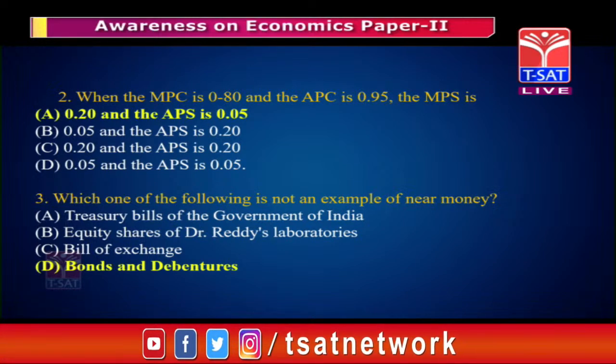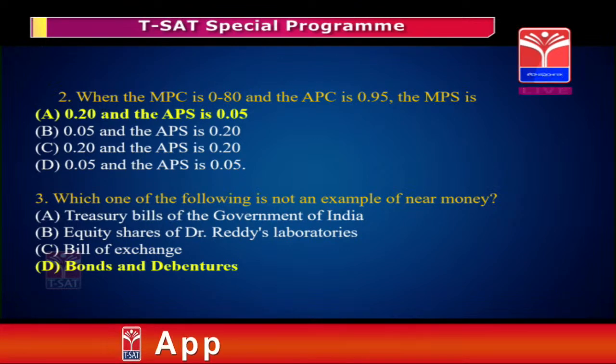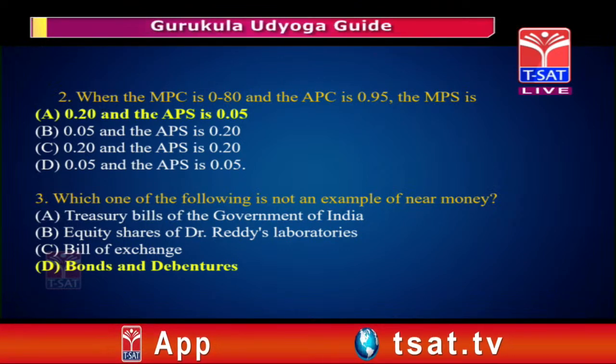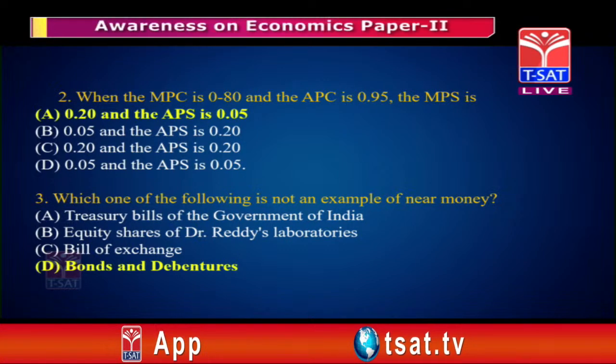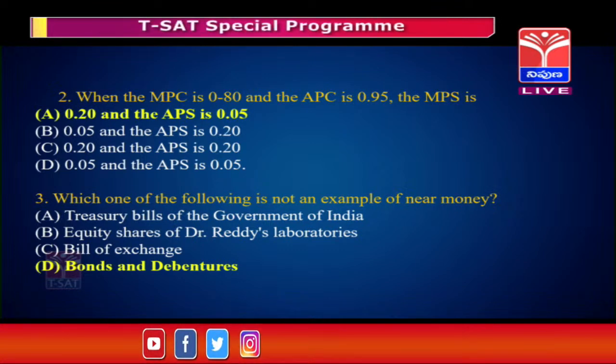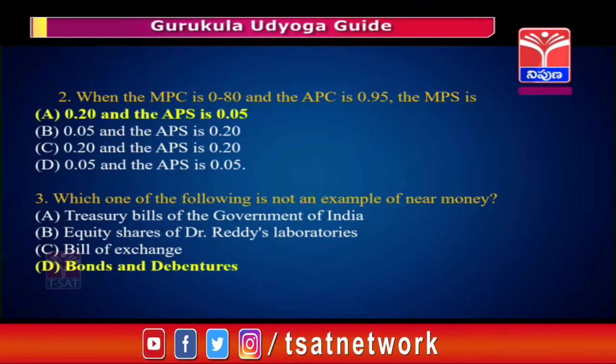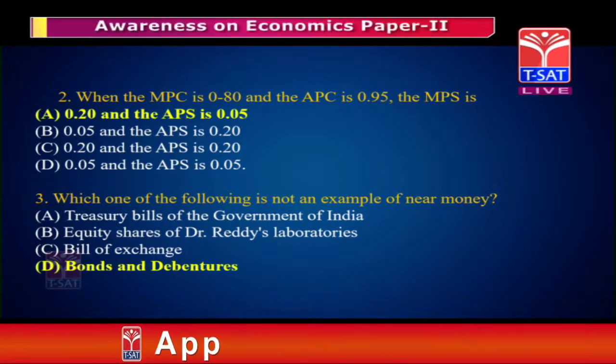Similarly, average propensity to consume plus the average propensity to save will be equal to 1. So in this question, students, when MPC is equal to 0.80, automatically the APS should be 0.20. When APC is equal to 0.95, then APS will be equal to 0.05, because together they equal 1.